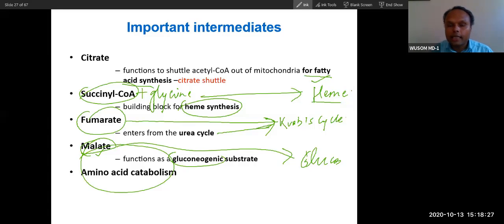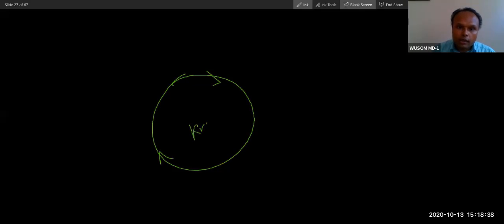So these are the connecting pathways, the significance of this Kreb cycle, because I have told you the Kreb cycle is an amphibolic pathway. In fed condition, it will burn glucose and produce CO2.